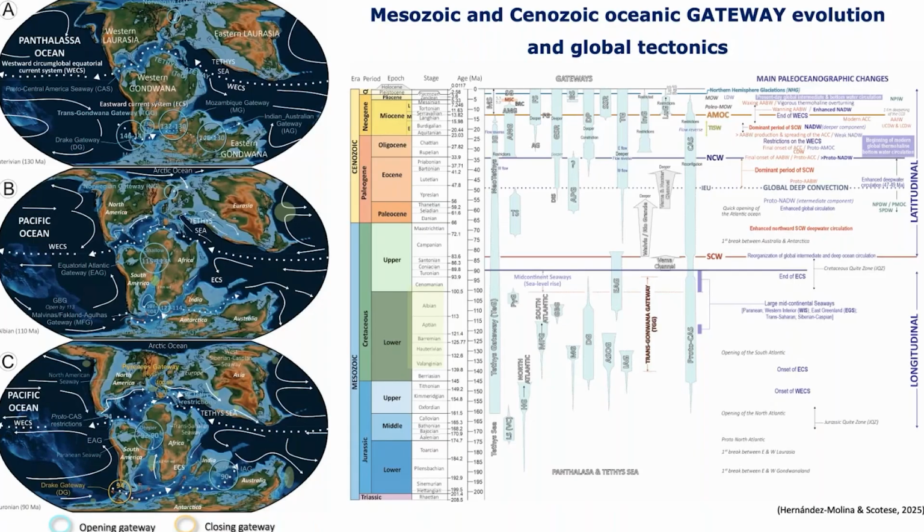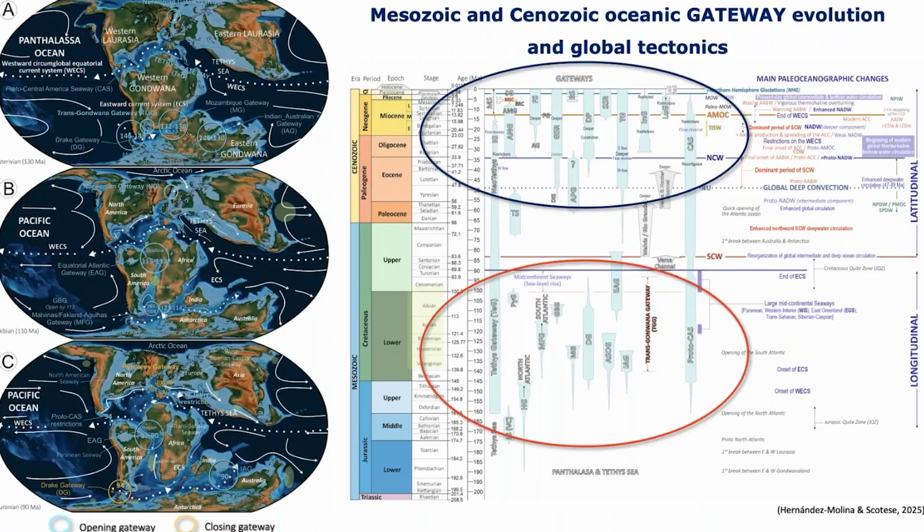So in a recent publication that is going to be online in three weeks, we have compiled the evolution of these gateways from the Jurassic to the Quaternary. It's quite interesting. I'm just going to go through the general aspect of this compilation. From the Upper Jurassic to the Upper Cretaceous, the circulation was mainly latitudinal, because the main gateways were trending more east-west.